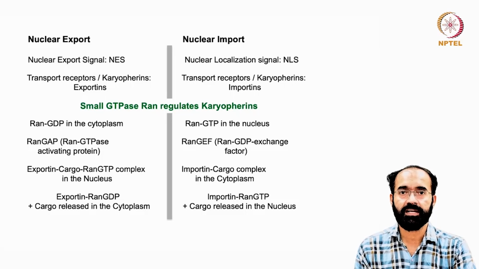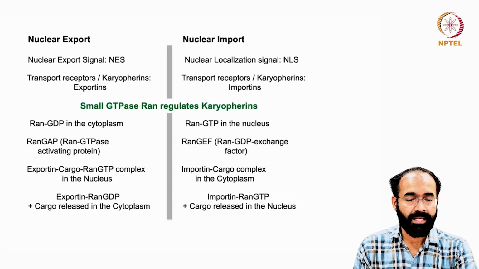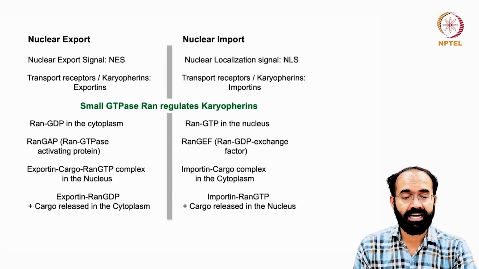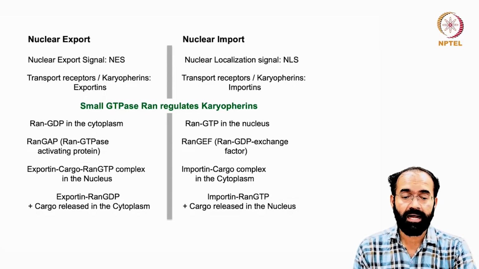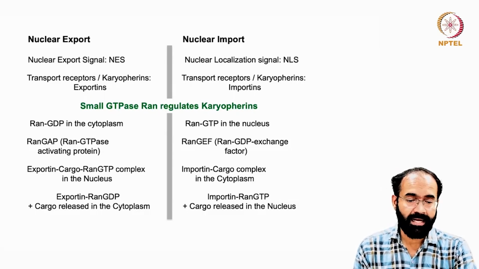All we need to understand is that if an RNA has to move from the nucleus to the cytoplasm through the nuclear pore complex, it must have the nuclear export signal. And mainly the transport receptors, especially the karyopherins and exportins, are the readers of this nuclear export signal in nuclear export.